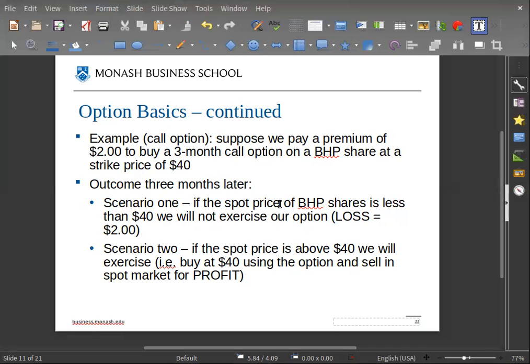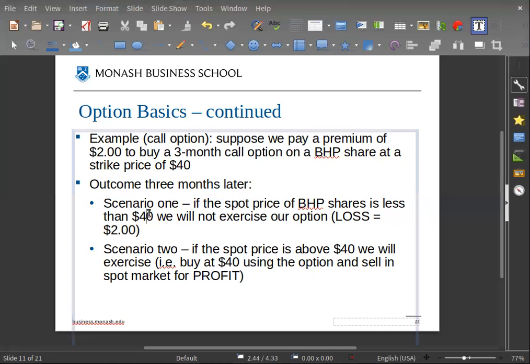Now let's take a look at some of the potential scenarios that might arise out of this option. First, let's say the spot price of BHP on the option expiry date is less than 40. Let's say 38. So in this case, we have no reason to exercise our option.